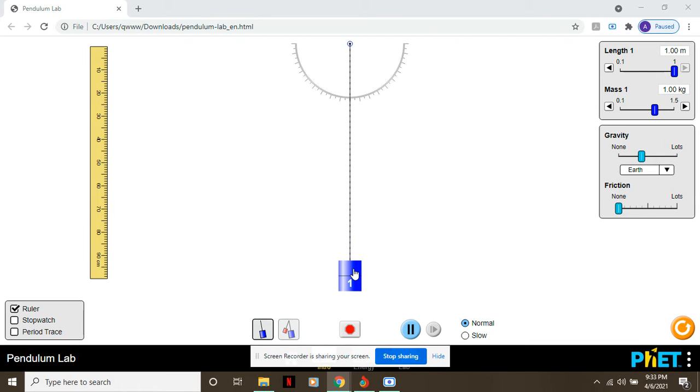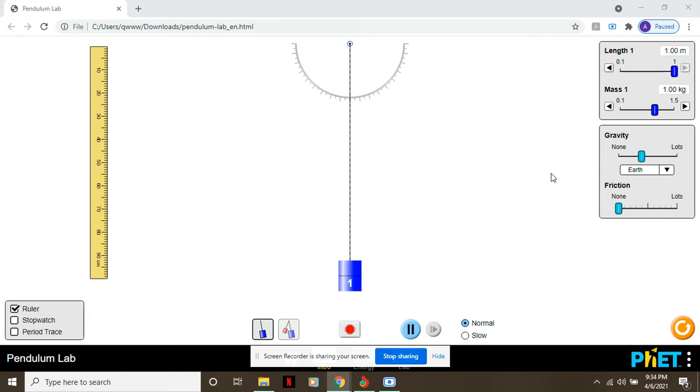For example, the grandfather's wall clock does use the pendulum in terms of keeping time, and we can use the pendulum also to calculate the gravitational field strength on a certain planet or place, which will be discussed in later topics. So the length of the pendulum, we measure it from the middle of the mass to where the string is tied. That gives us the length of the pendulum.